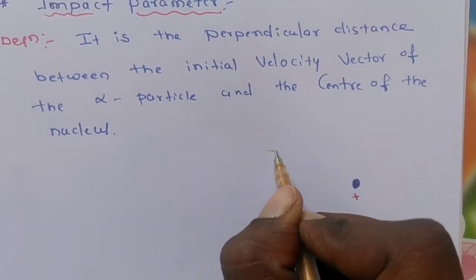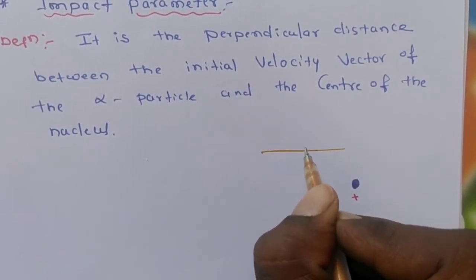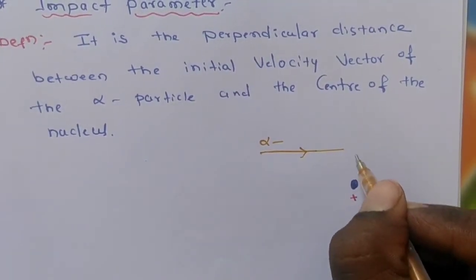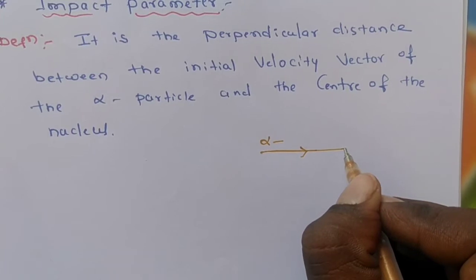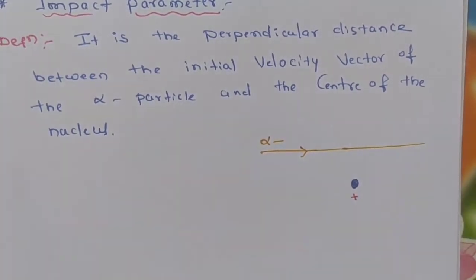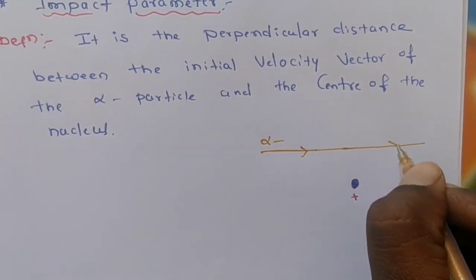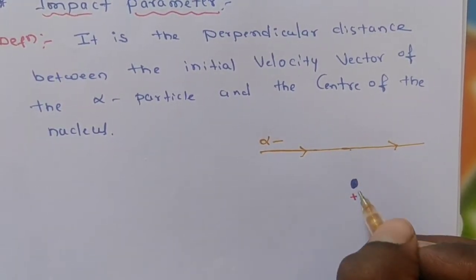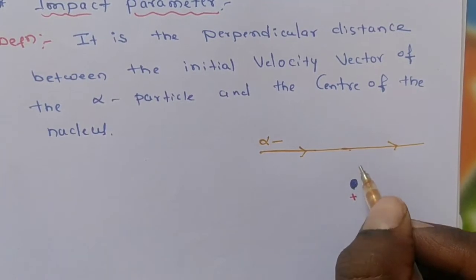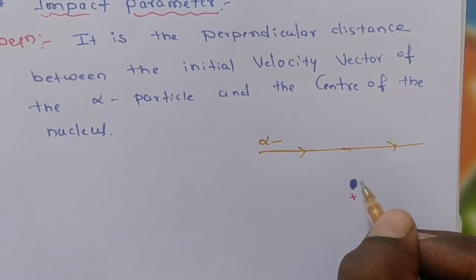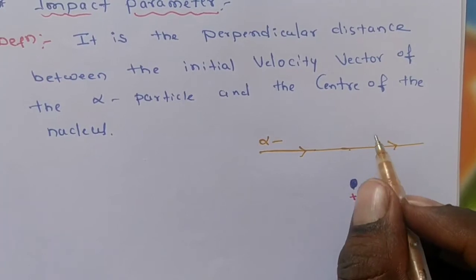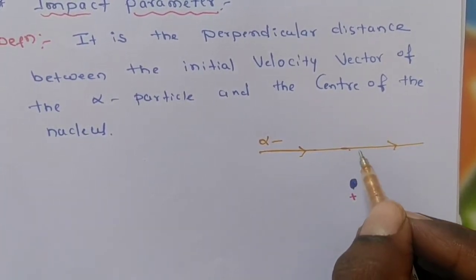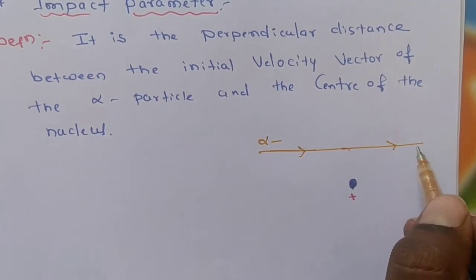When an alpha particle is far away from the nucleus, it moves straight without any deviation or bending. Because the distance is very large, the repulsive force is very less, so it moves along a straight line.